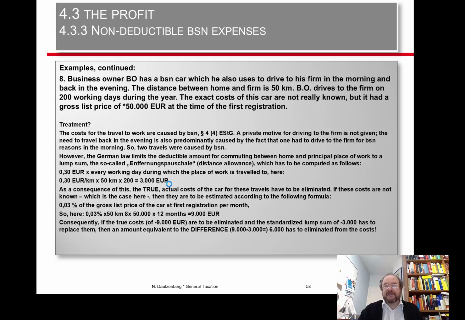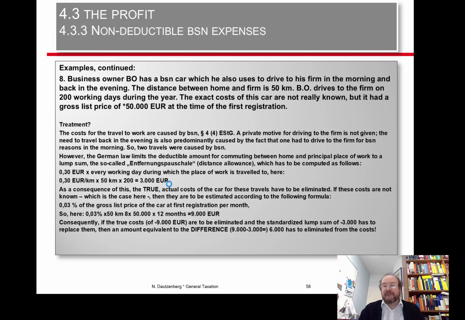Every trader gives a discount, but this is relevant for tax matters then, because that's the only easily available standardized idea of what the car has as a value when it's bought. And so you have to regard as cost per kilometer 0.03% of the gross list price of the car at first registration times, so multiplied by the kilometers per month.